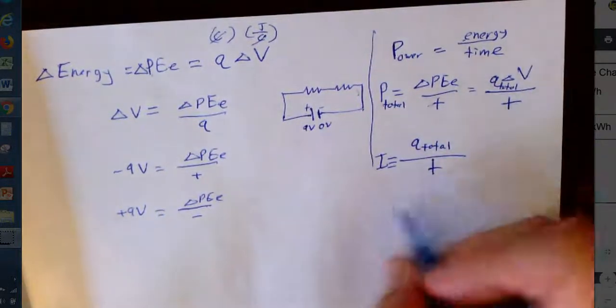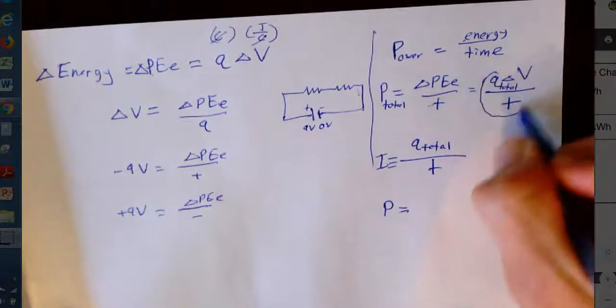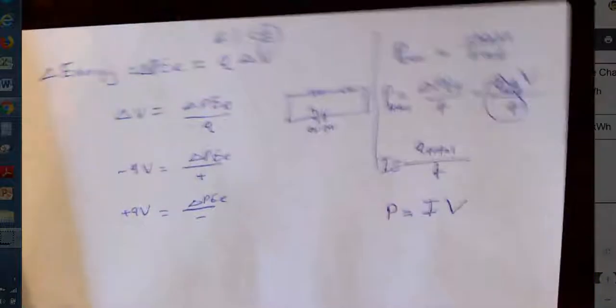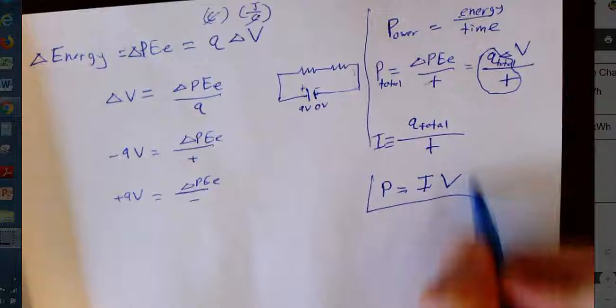This works. And so the power is equal to the current times the voltage. And that is an equation that works.